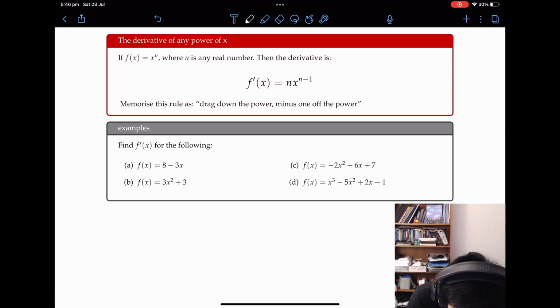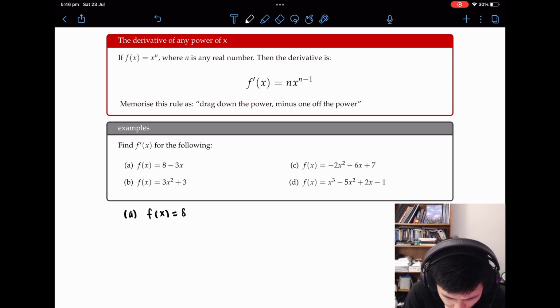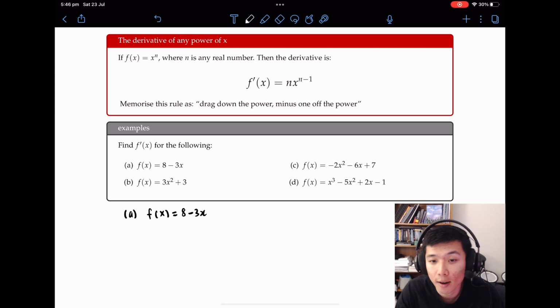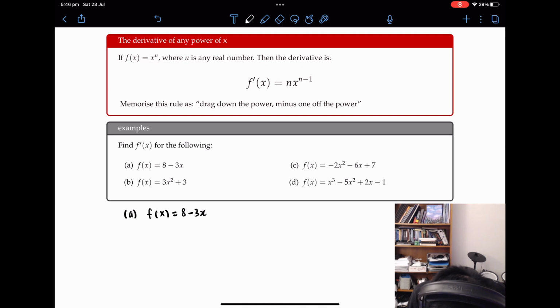So when we do f of x is equal to 8 minus 3x, we are going to think about what power of x we have. Now, if you look at that 8, you're like, well, there is no x in that. Well, actually, there is. It's just hidden.